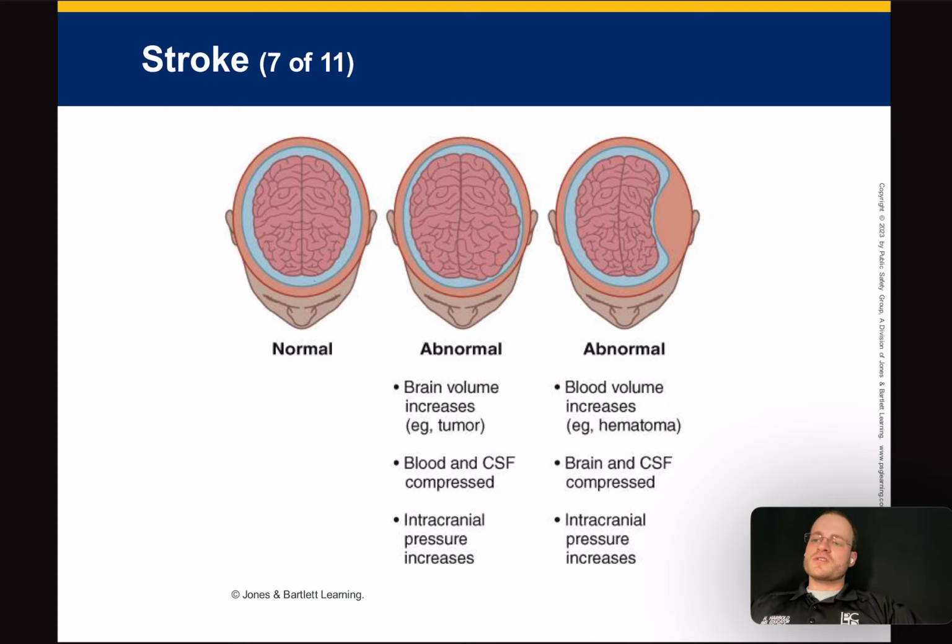So it's also abnormal if blood volume increases, like a hematoma, right? Like a subdural hematoma. I'll show you what that looks like. And they're talking about the same thing, right? Brain or CSF compression could also cause this shift, and it can also be caused by ICP. And so let me just take your attention to these pictures.